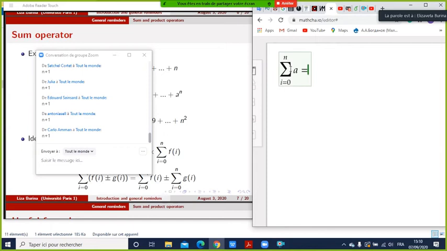Okay, so I put letter A, right? What's going to change? So what is the sum that I wrote here? Again, use the chat. Well, the previous question that I asked you, how many terms do we have? And you all agreed that we have n plus 1. French keyboard.